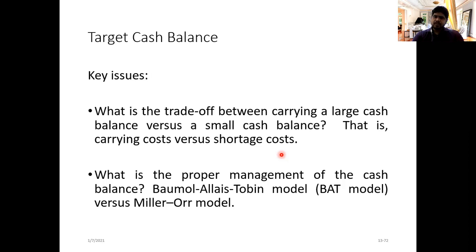Right. Then if you are keeping a small cash balance in your hand, say for example you need 50,000 but you are keeping 20,000 or 25,000, is it a good or bad practice for the organization?